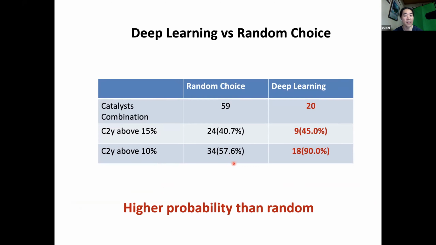Random choice by humans can get 10% C2 with a 57% chance. So it's 34 out of 59 that got 10%. But with deep learning, 18 catalysts out of 20 were actually over 10% activity. So as you can see, it's a much higher probability of getting better catalysts than what humans do. So what we can say is deep learning is probably much smarter and better at designing the catalyst than humans. So that's what we discovered here.